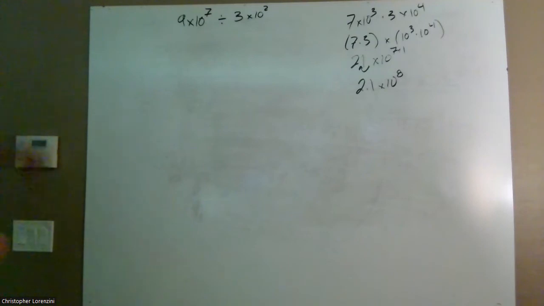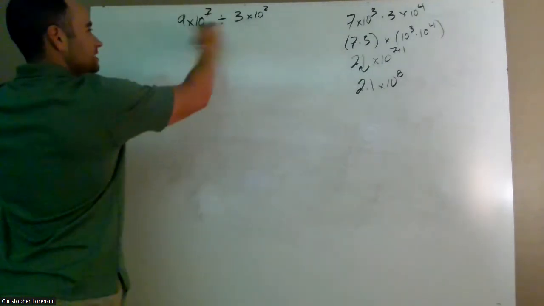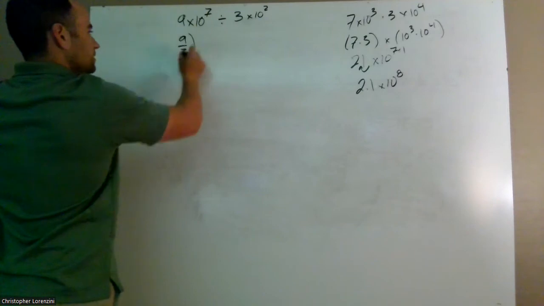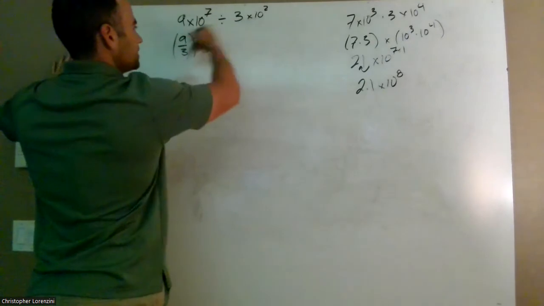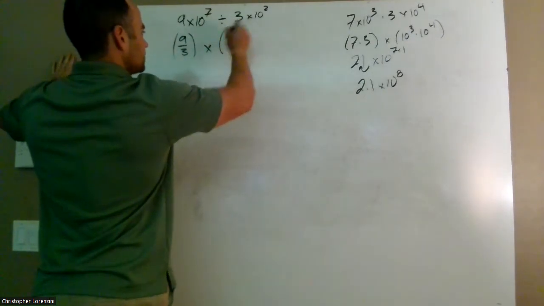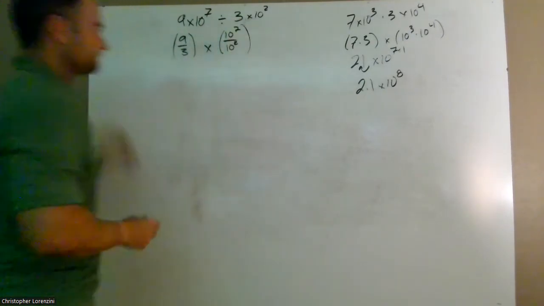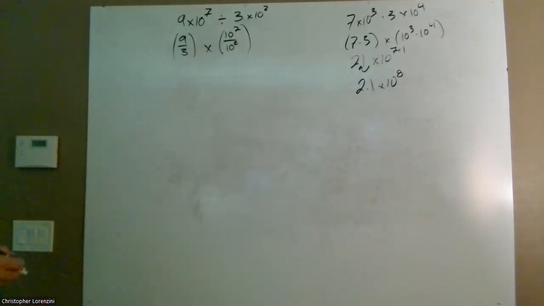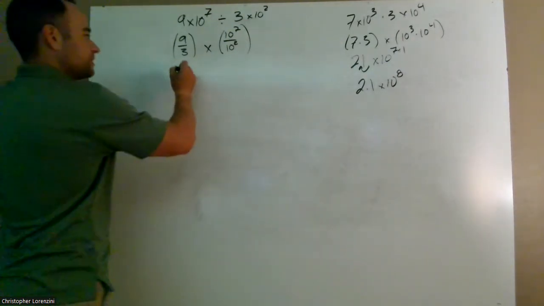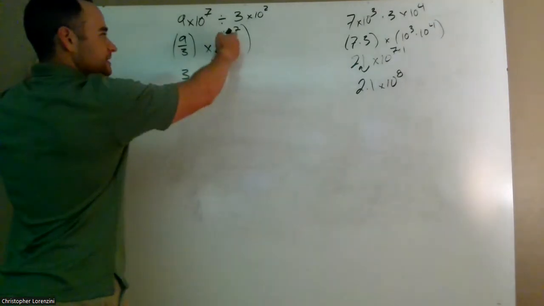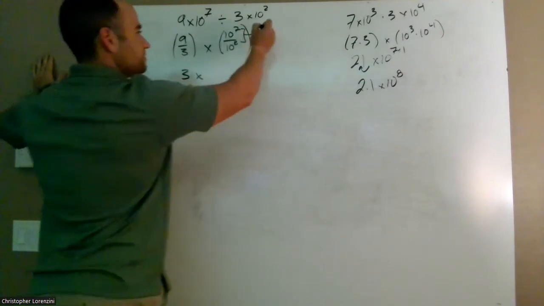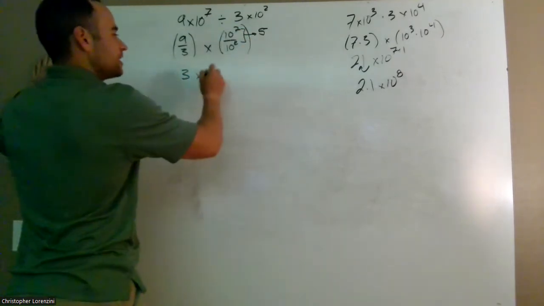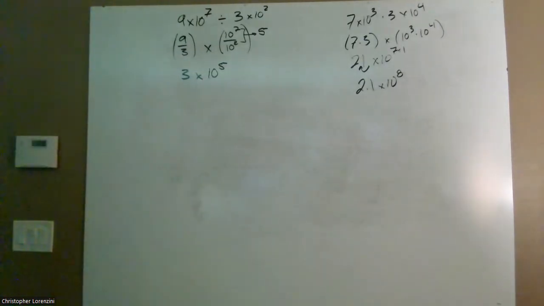So what I do is I take the numbers out front and I divide them. 9 divided by 3, and then I multiply it by 10 to the 7th over 10 to the 2nd. 9 divided by 3 becomes 3. 10 to the 7th over 10 to the 2nd. These subtract. 7 minus 2, that becomes 5. So I get 3 times 10 to the 5th.